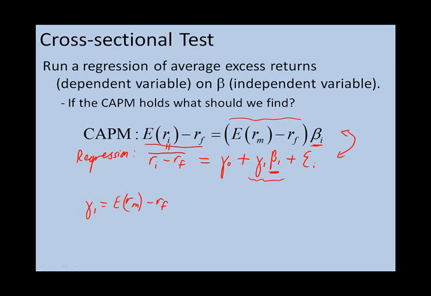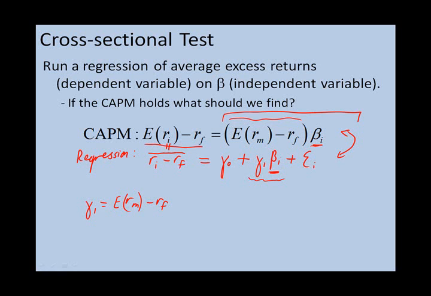What about gamma 0? Do we have an intercept in our CAPM equation here? The answer is no, we don't. There is no intercept. The CAPM says that expected excess returns are going to be equal to the beta of the stock times the market risk premium.